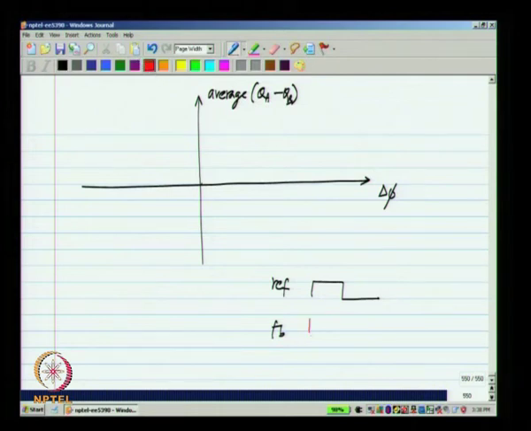So, let us say initially they have coincident edges, and the reference starts to lead the feedback slowly.